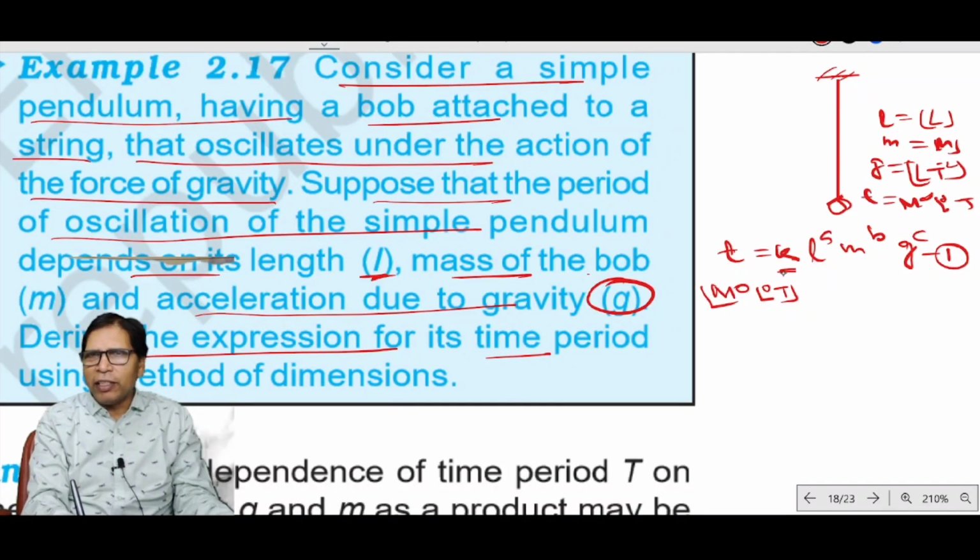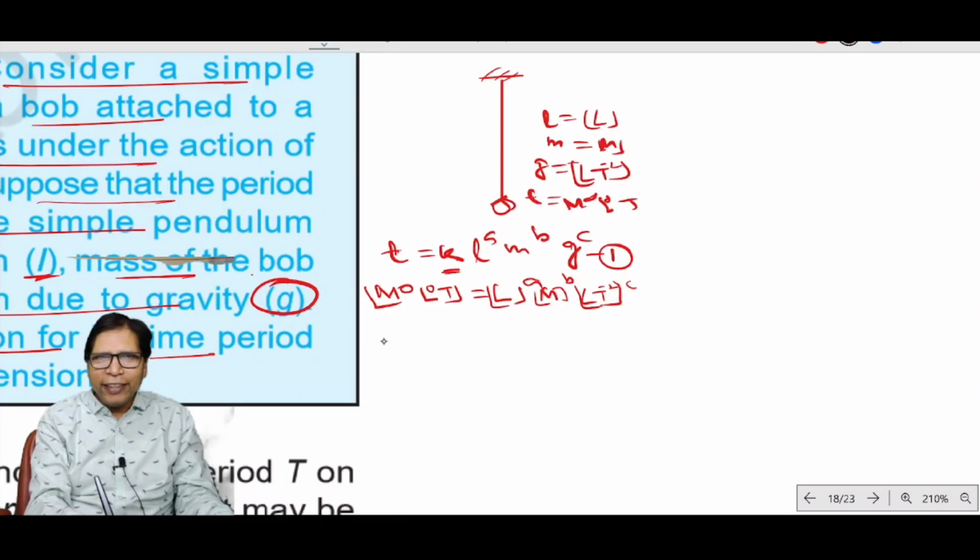Here k is a dimensionless constant, and a, b, c are the indices. Now put the dimensions: L to the power a, M to the power b, and LT minus 2 to the power c. Okay. Now look at this, M naught L naught T.